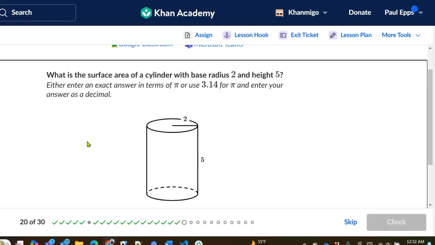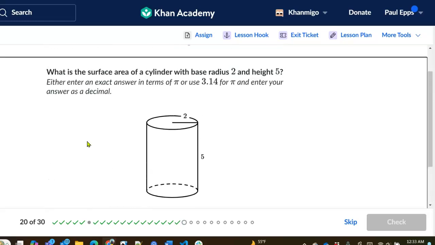What is the surface area of a cylinder with base radius 2 and height 5? Okay, the surface area. So we've got 2 circles, and then we've got the outer wraparound surface.